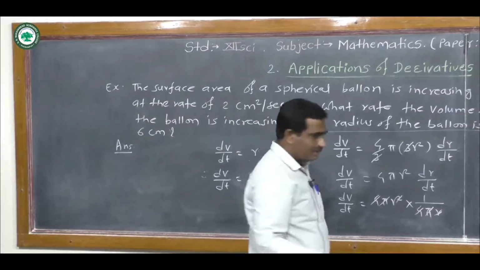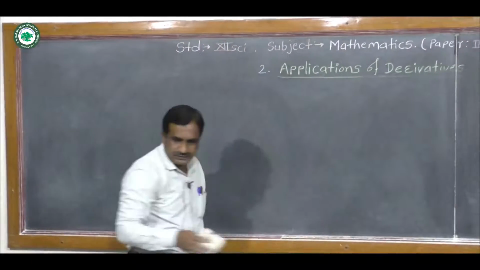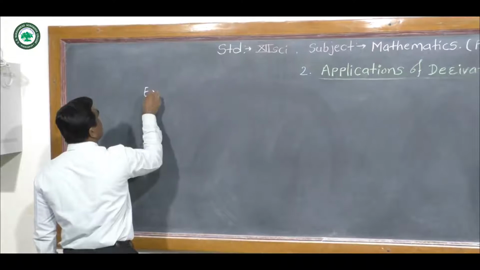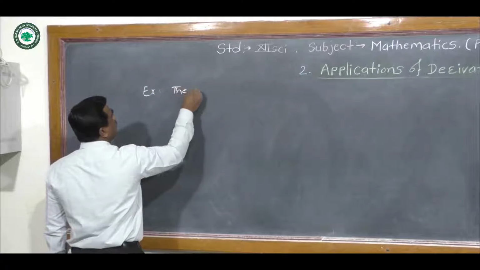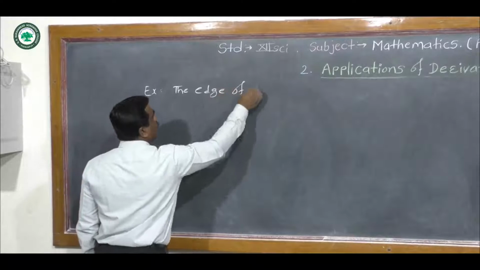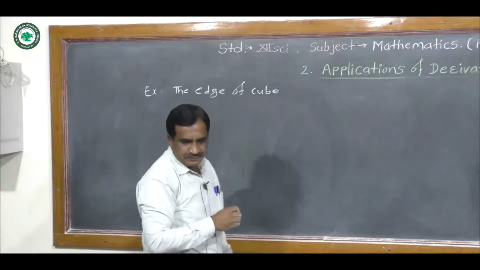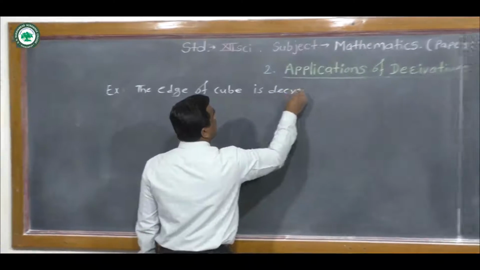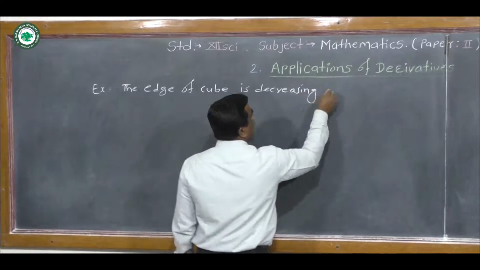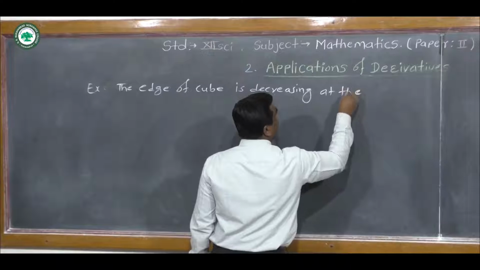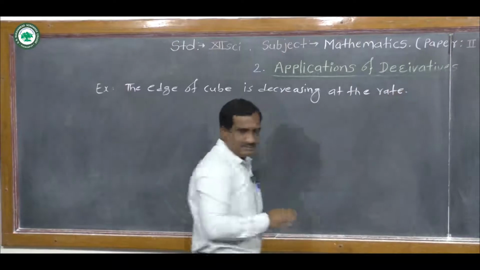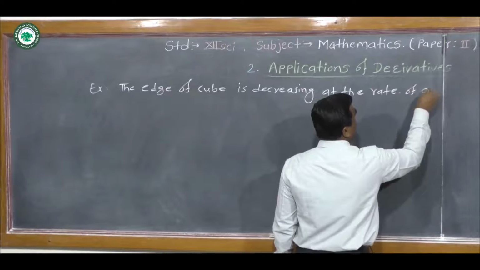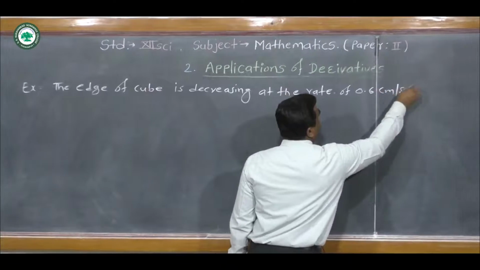Now we see the next example. Our next example: the edge of a cube is decreasing at the rate of 0.6 centimeter per second.